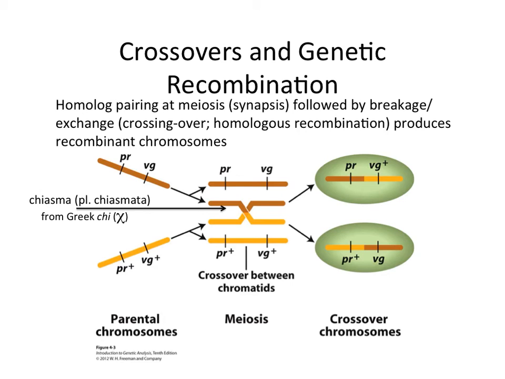You recombine. You make new combinations of alleles on chromosomes that didn't exist before. You pass those on to your kids. That's one of the main purposes of meiosis. Produce gametes, and then synapsis, in this case, produces genetic variation. I'm just reminding you. That's not entirely critical for the paper.